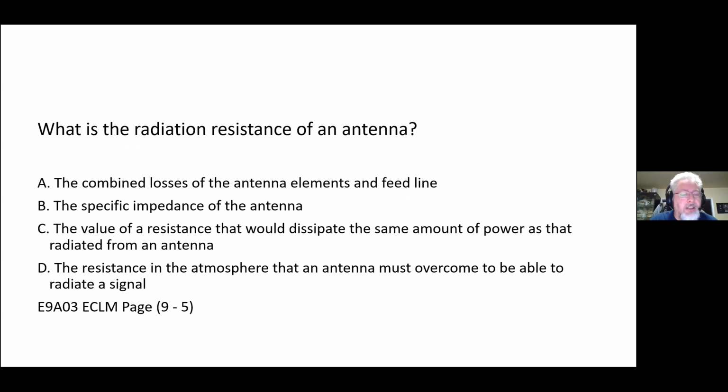Or D, the resistance in the atmosphere that an antenna must overcome to be able to radiate a signal. Charlie is correct. The value of a resistance that would dissipate the same amount of power as that radiated from an antenna.